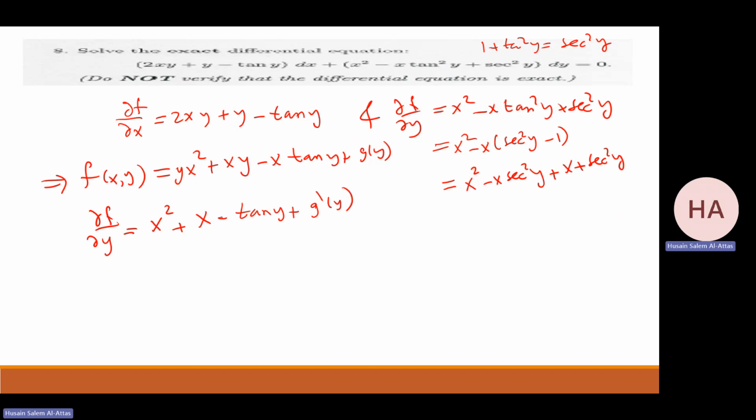Still I have tan y here. So partial f with partial y will be x squared plus x minus tan y plus g prime of y. Okay, I have x. I need to get rid of this x. Minus x tan.